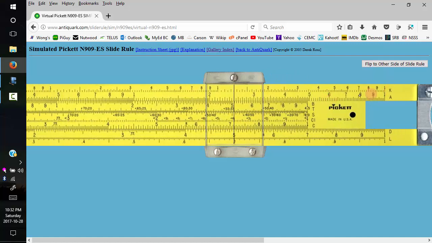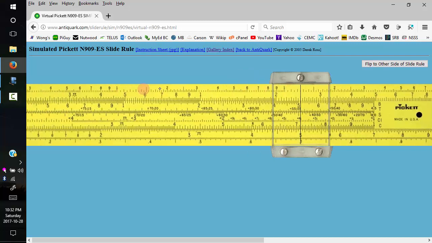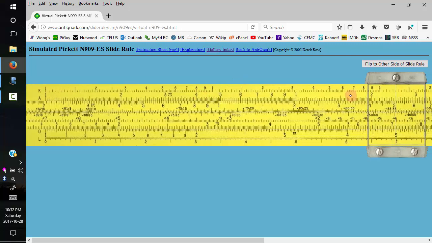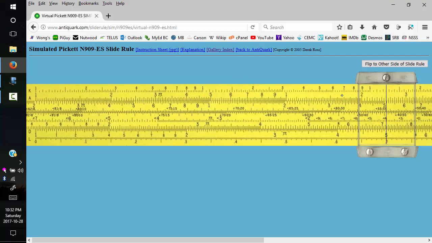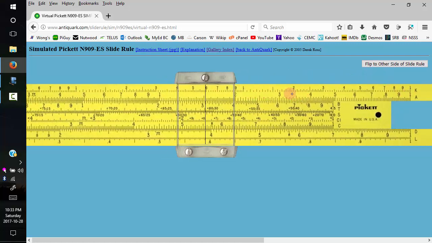And this is the cube scale. And you can see that this is repeated 3 times. When we do cube root, we take the third. So these are 1/3 the scale of this. It goes from 1 to 10, and then 10 to 100, and 100 to 1,000.